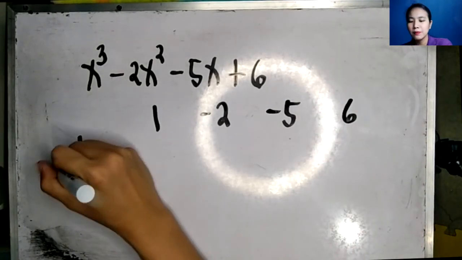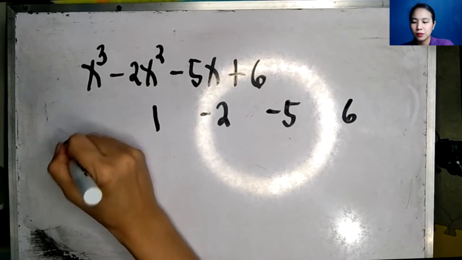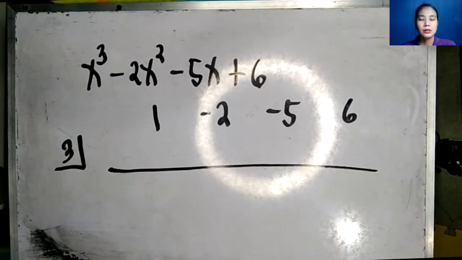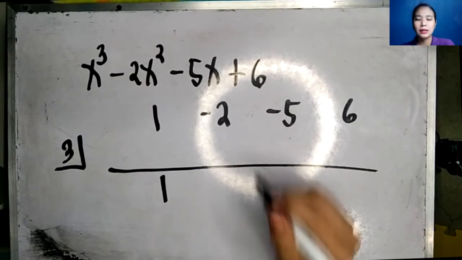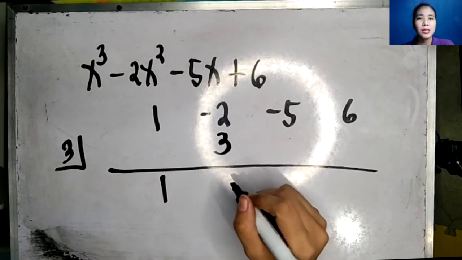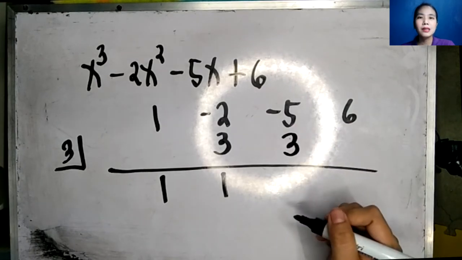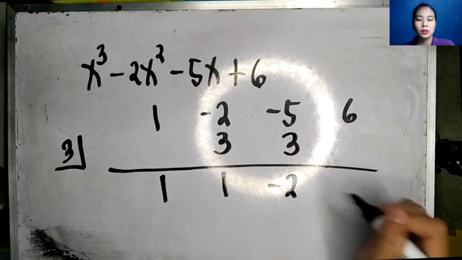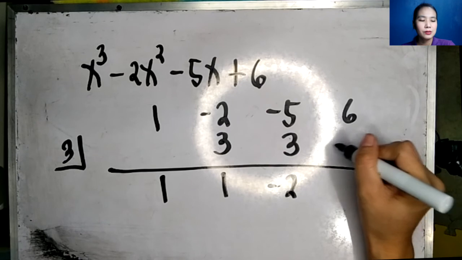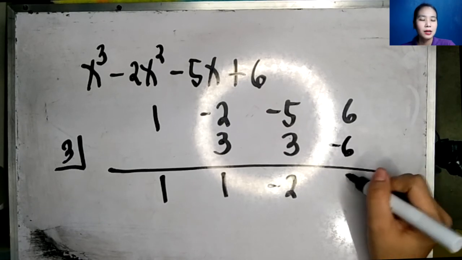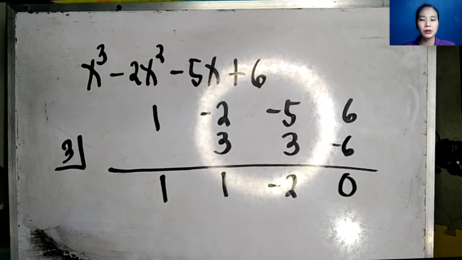And subukan natin gamitin ulit ang positive 3. So we have to bring down 1 times 3 is 3, plus negative 2 is 1, times 3 is 3, plus negative 5 is negative 2, times 3 is negative 6. And then, our remainder is equal to 0.